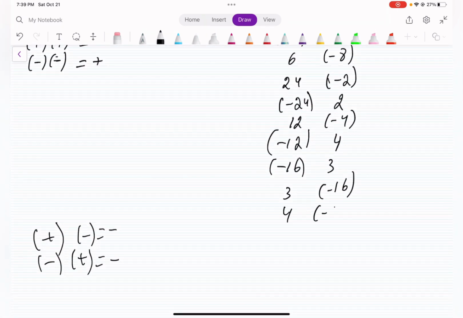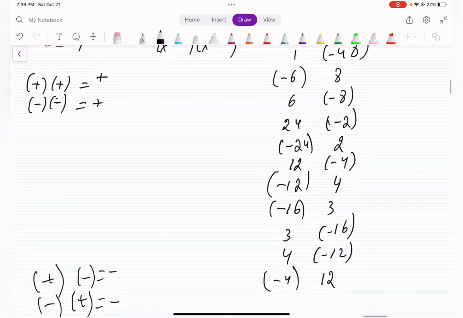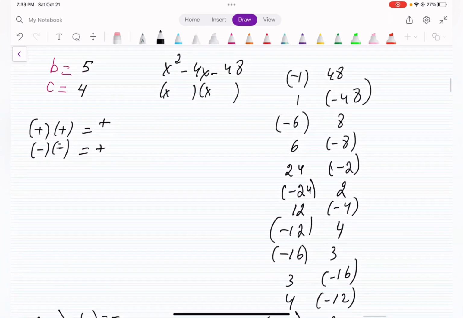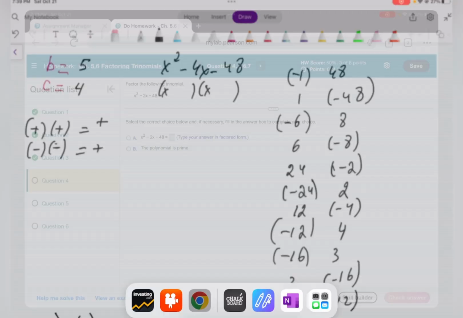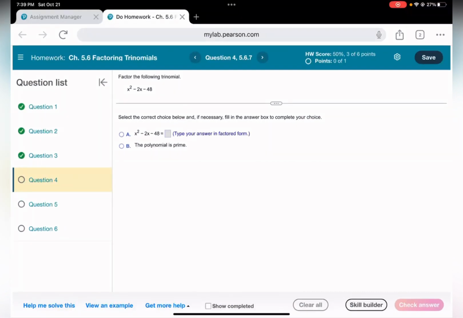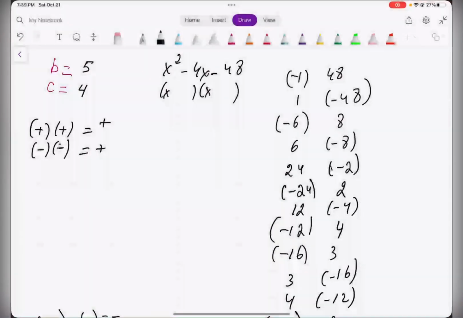Positive 4, negative 12. Negative 4, positive 12. Did I write down correct? Because looks like I mentioned everything. Hold on. Negative 2x and 48. Okay, of course.